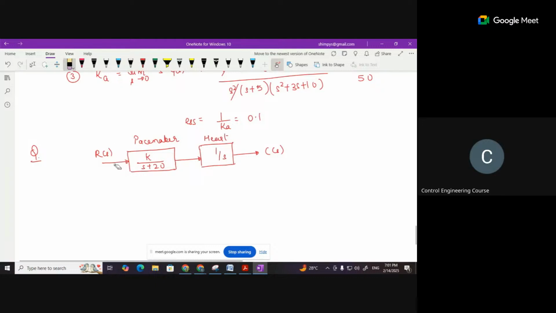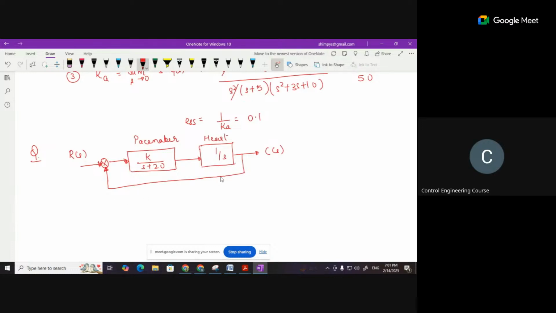I have to draw a summer point first here. That is important. This is RS, and this is my unity feedback in order to minimize the error here.